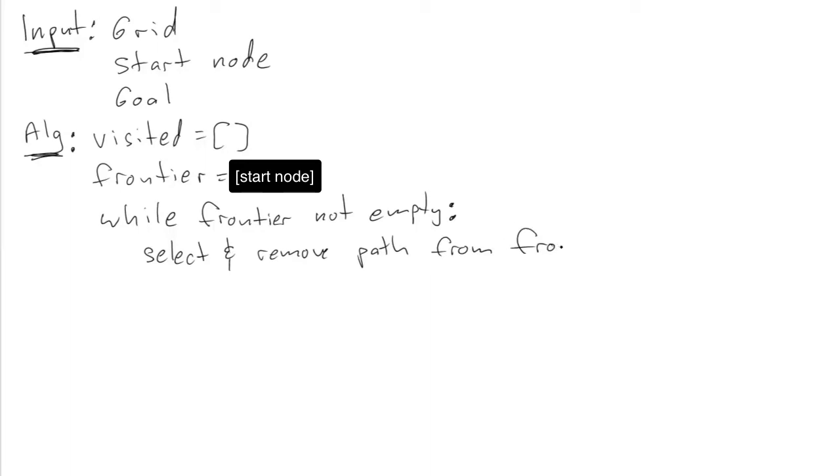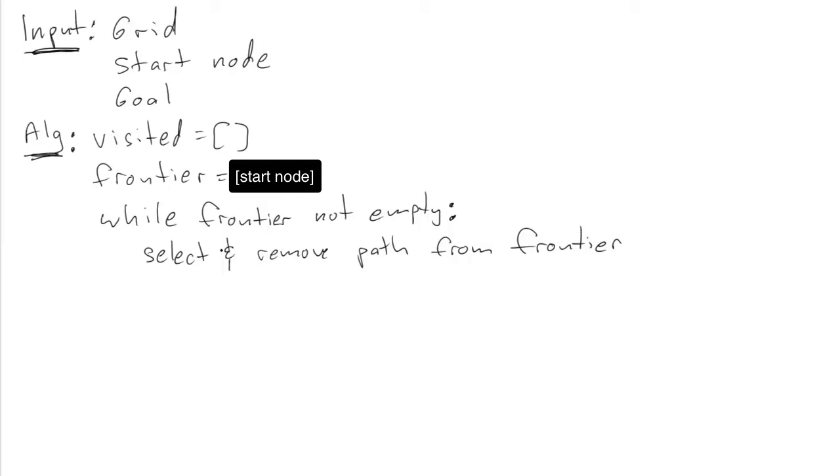Now, in our simple algorithm, we'll just remove the first item from the frontier. More generally, you could actually search the frontier and try and remove the best path, but we've already done a little bit of work by trying to add paths in a reasonable order to the frontier.